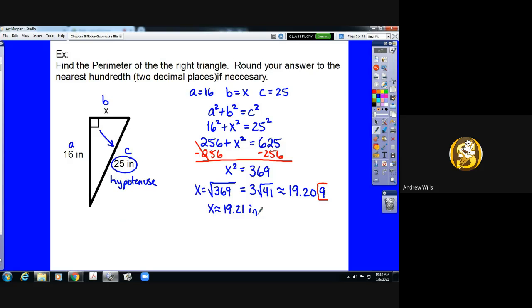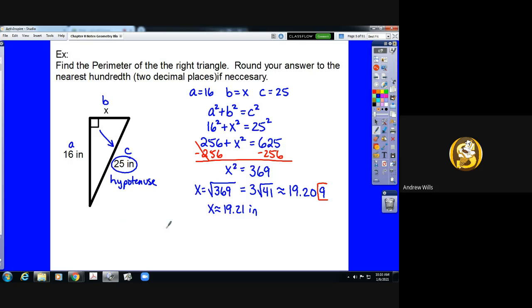See what I'm saying? So then we need to turn around and find perimeter. How do we find perimeter of any shape? What do we need to do? Type in the chat. You can unmute and tell me. There we go. That's right. Perimeter is where we add up all of the side lengths.